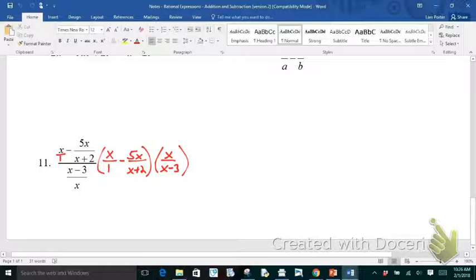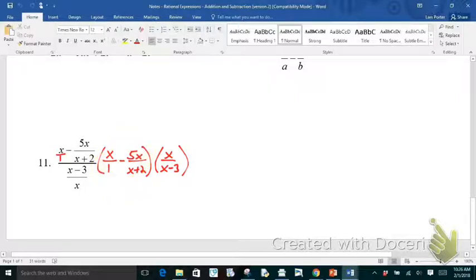Now, I could do the same thing that I did last time, and I can distribute this to each one. However, when I distribute x minus 3 to x plus 2, that's going to make a little bit of a mess. So I'm going to try and avoid that. Instead, I'm going to find a like term, and let's add these together, and then I'll multiply as a last step.